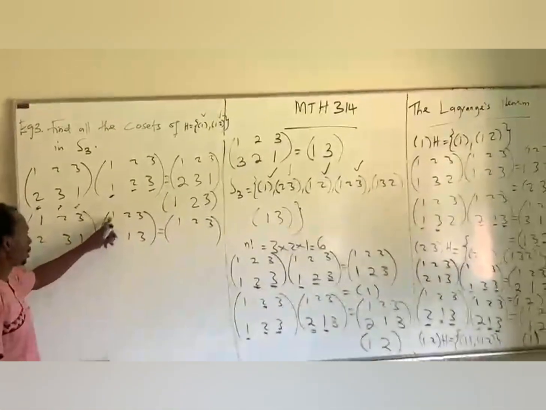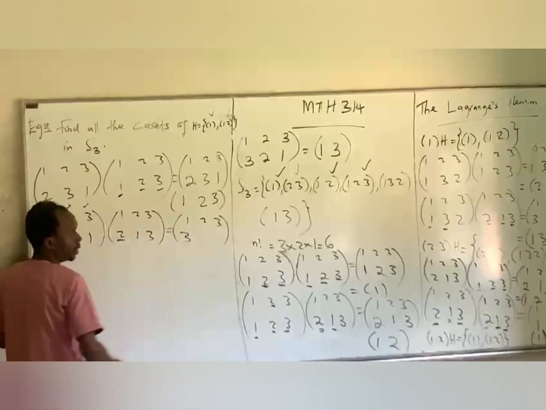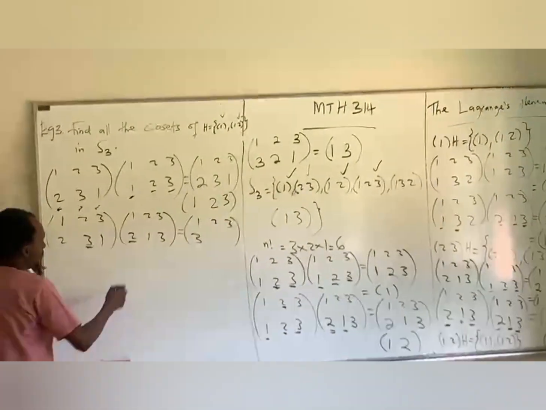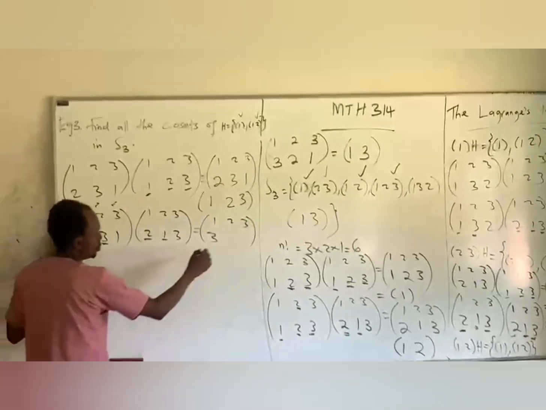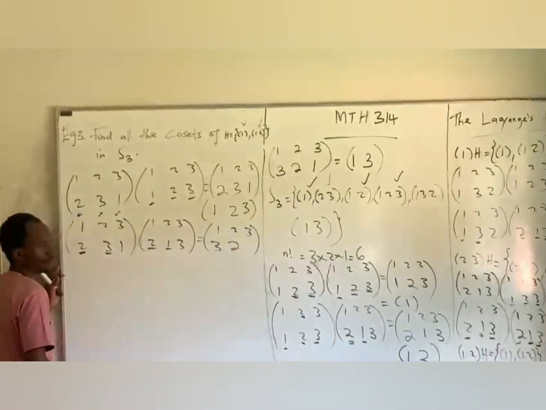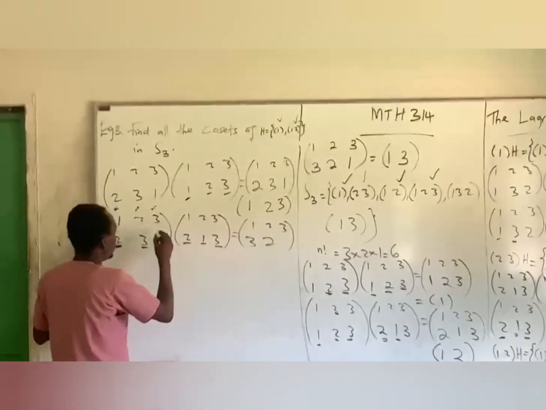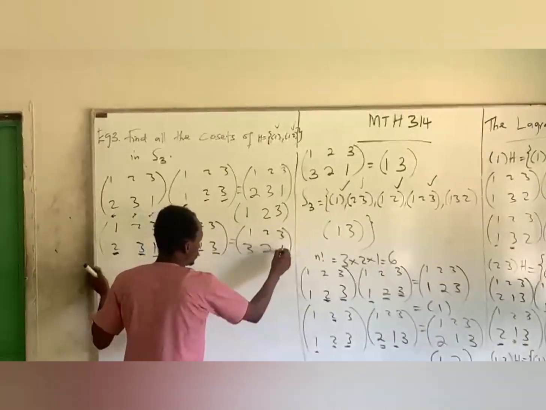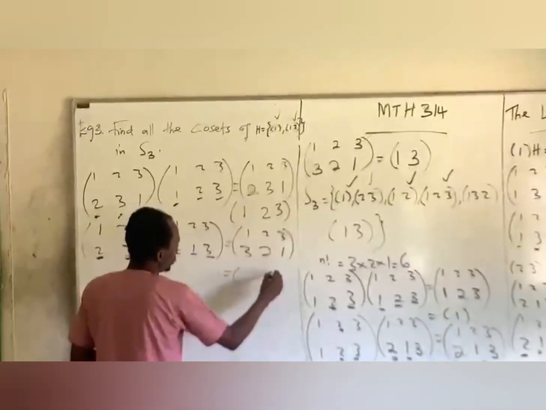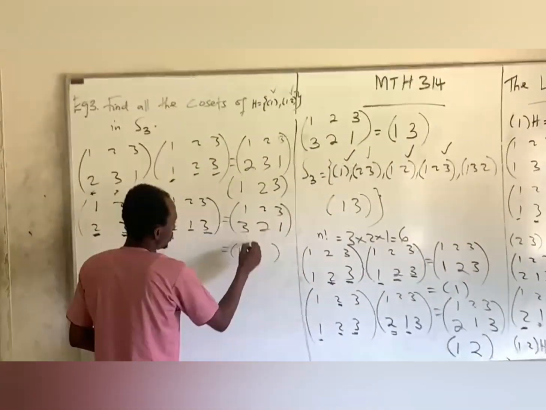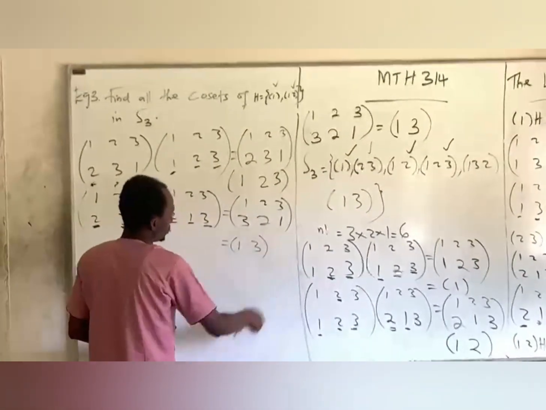Let's multiply. 1 goes to 2, 2 goes to 3, so 1, 3. 2 goes to 1, 1 goes to 2. 3 goes to 3, 3 goes to 1. Is that what it is? So can you give us the cycle for this? 1 goes to 3, so 3 goes to 1. Very good. That's all. Can you see?